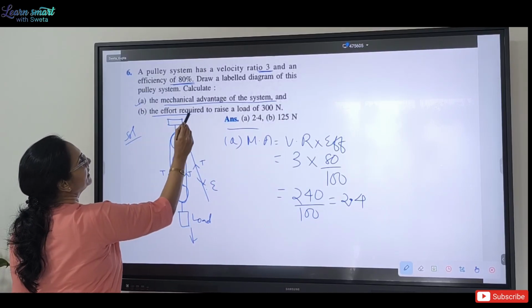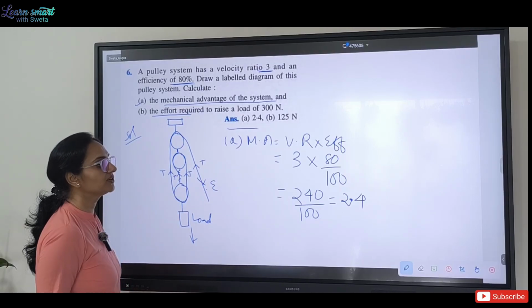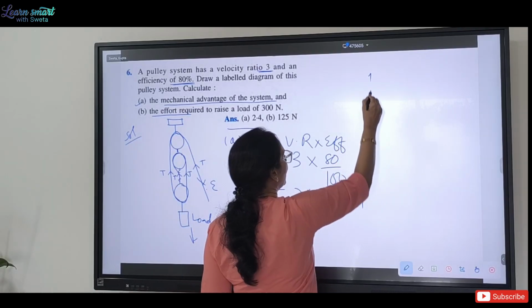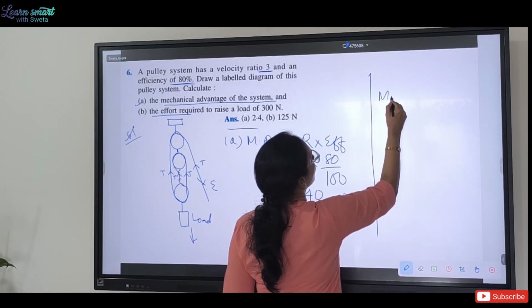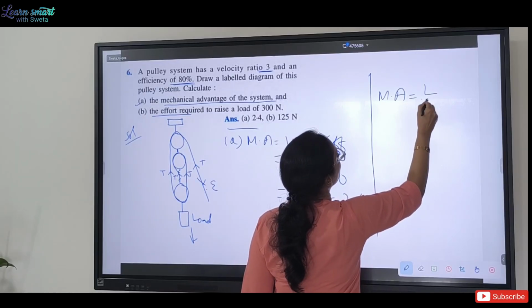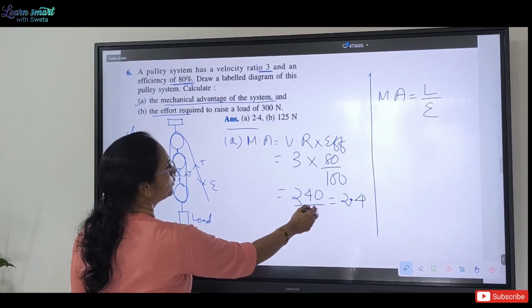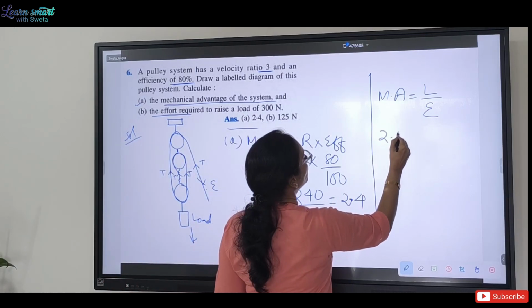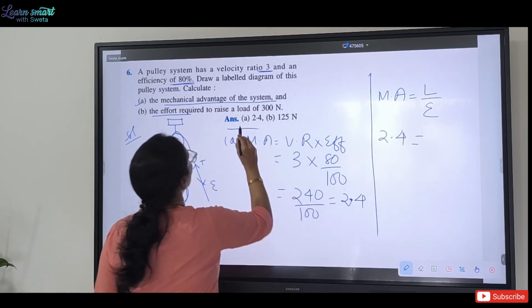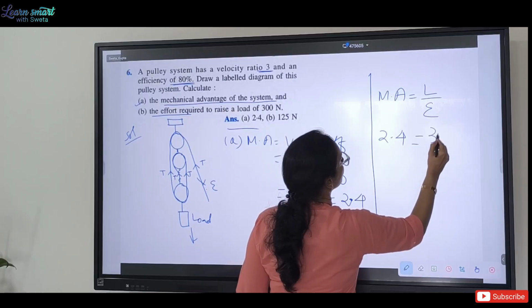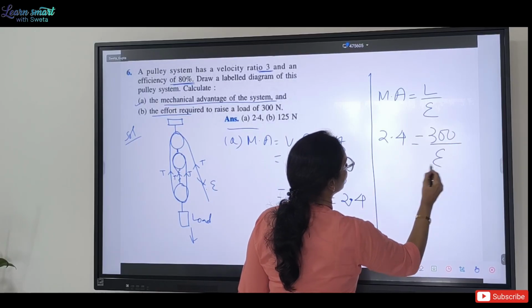Now they have told us to calculate the effort required to raise a load of 300 Newton. How do we do that? We will use the formula mechanical advantage is equal to load upon effort. Mechanical advantage we have calculated is 2.4. So 2.4 equals load, which is 300, upon effort, which we have to calculate.